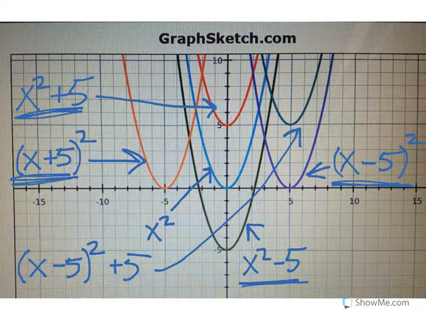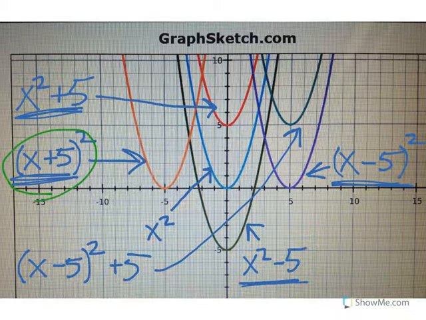So if you remember before, when we did x plus 5 squared, it moved to the left. So adding in the parentheses moves to the left. So if I'm adding 6 in my parentheses here, it's going to translate left 6.